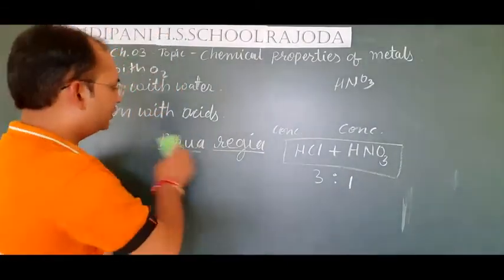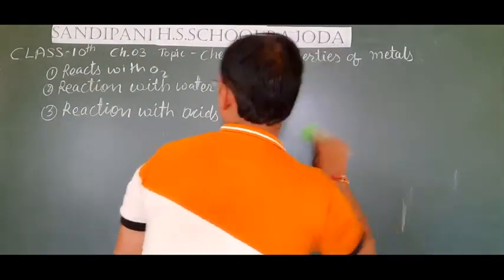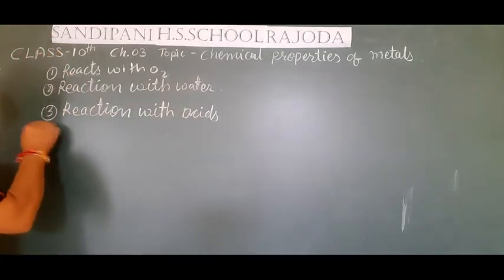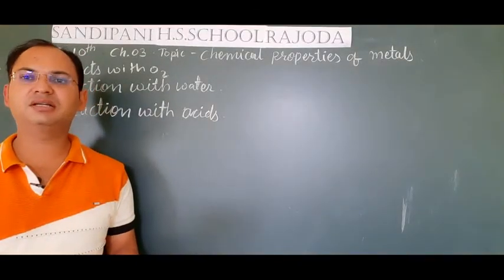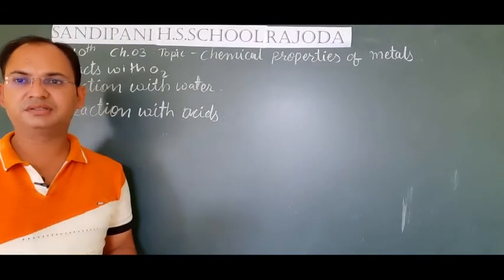Let's see, students, another property of the metals. The fourth property of the metal is when a metal reacts with another metal salt, like sodium chloride, or it may be copper sulfate.